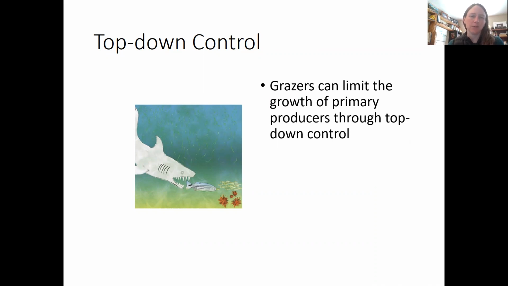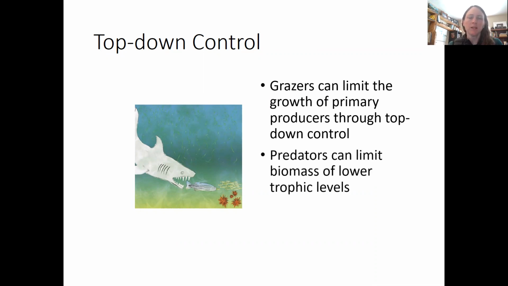And if you change the numbers of organisms at a different trophic level, then you can influence the productivity of lower trophic levels. You can not just change the productivity of those lower trophic levels, but you can reduce the overall biomass.